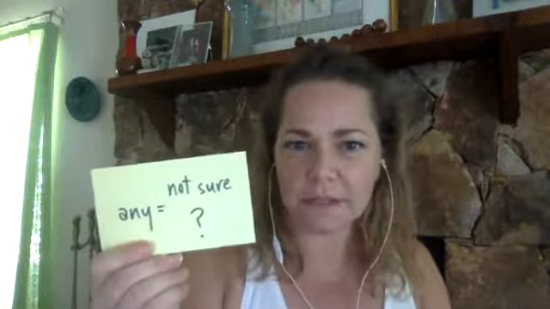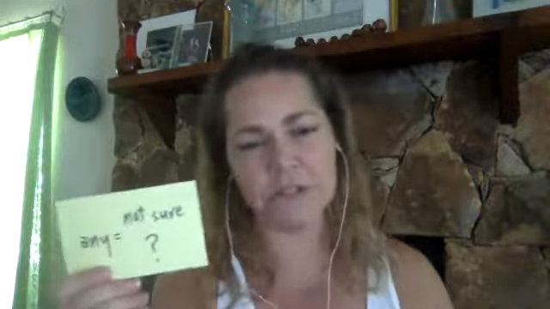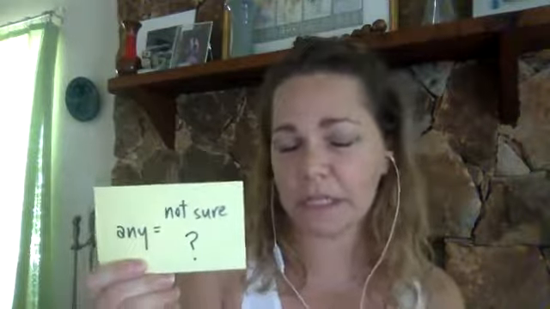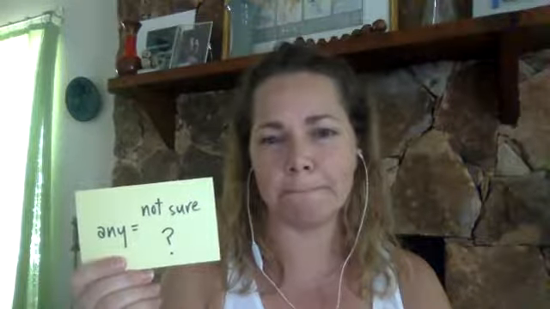And this is the one that you're going to use in questions and sometimes in negatives. If your verb is negative, for example, I didn't see anybody at the party, you would use it in the negative. Or, is anybody coming to the party? Okay, in a question. And again, anybody and anyone, exact same meaning.